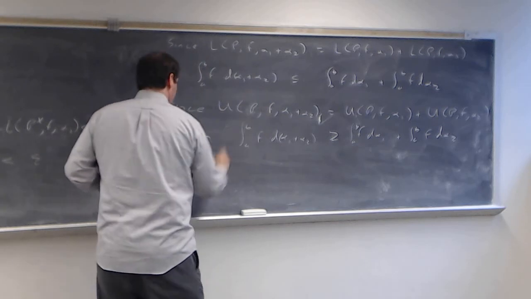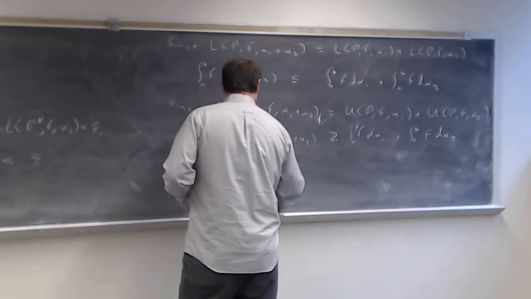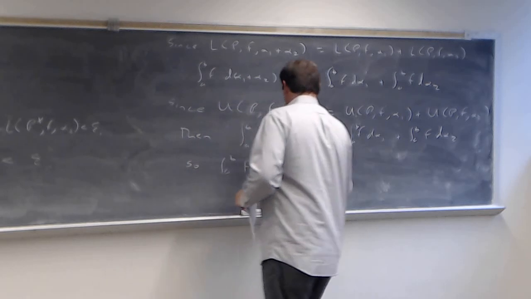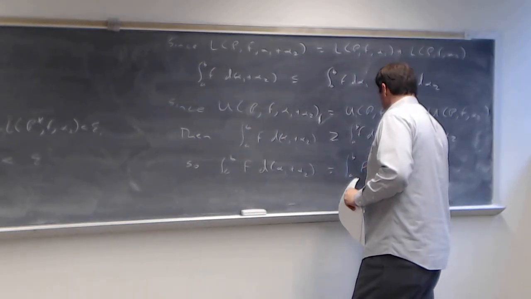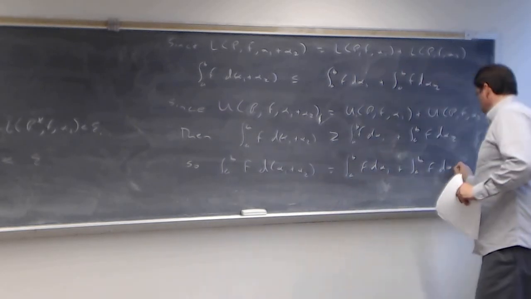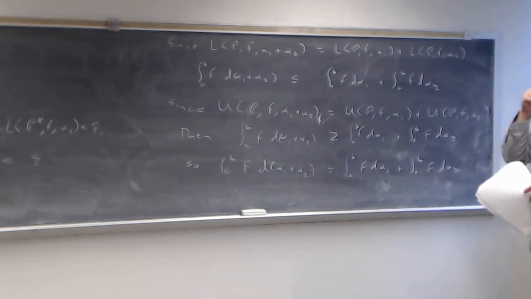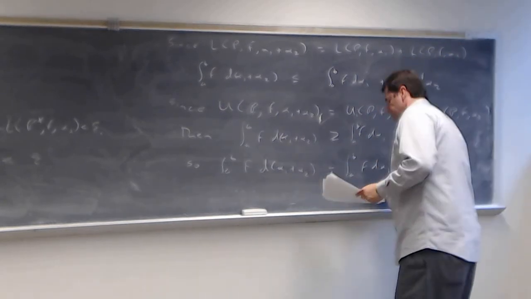So from these two inequalities, we have that the integral from a to b of f d(alpha sub 1 plus alpha sub 2) is going to be equal to the sum of these. And that completes that proof.